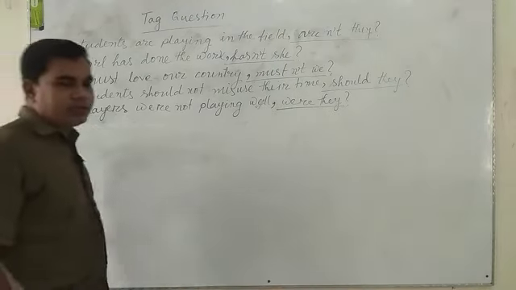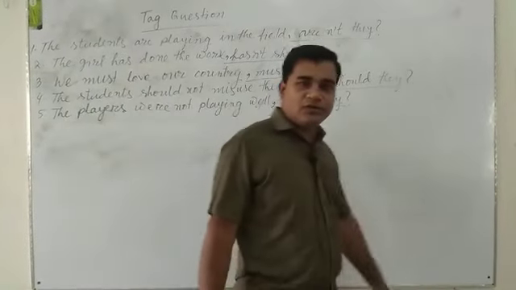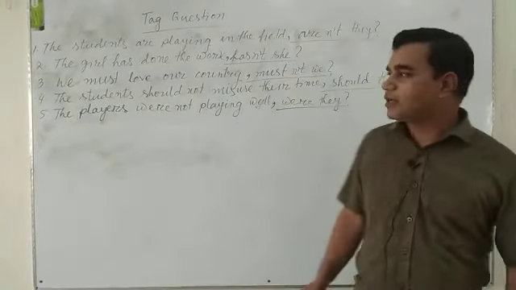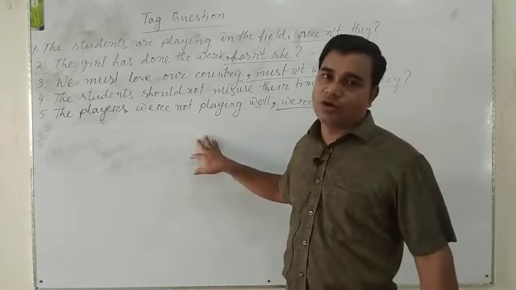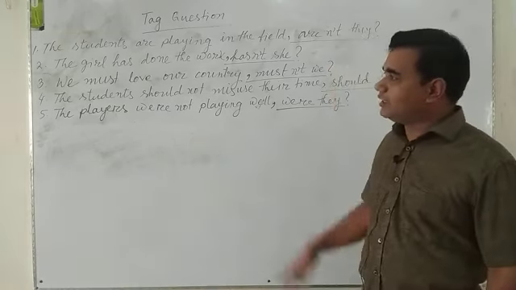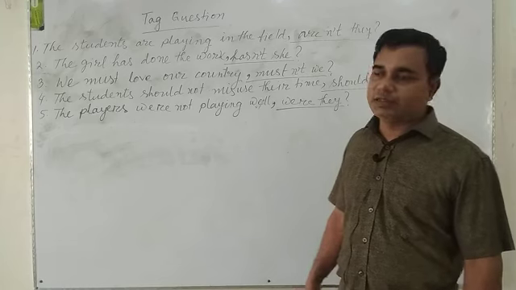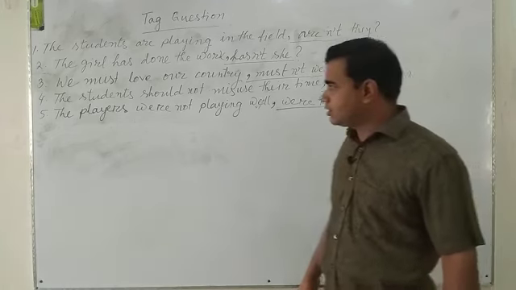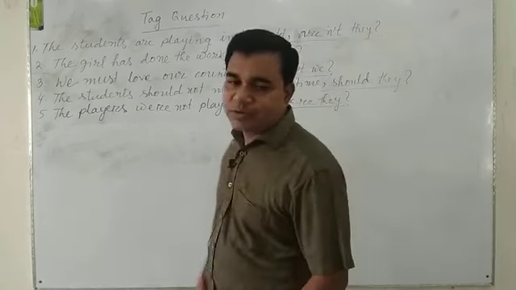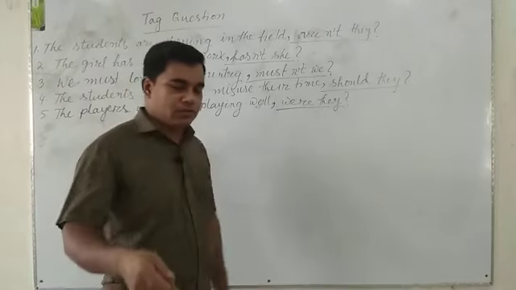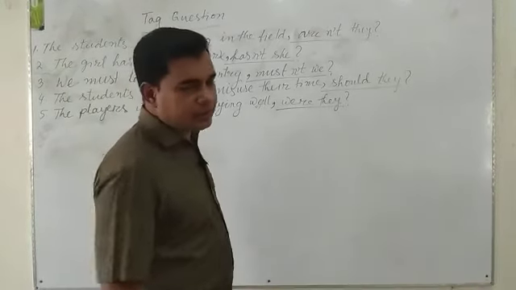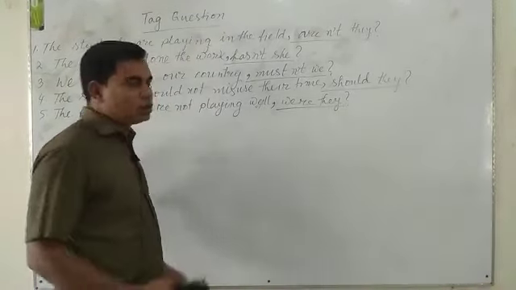We have learned about the tag question of sentences which have operators or auxiliary verbs. But if there is no auxiliary verb in the statement or sentence, how can we make them tag questions? Yes, let's give examples and rules.